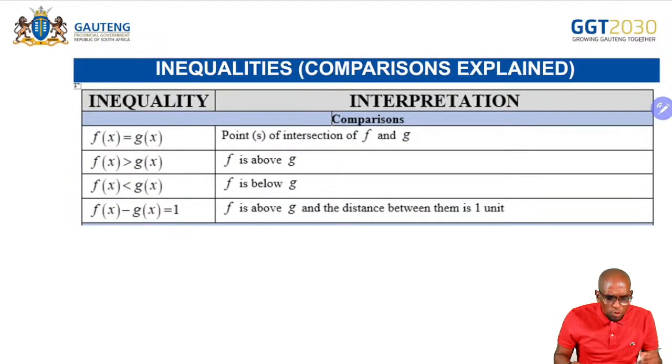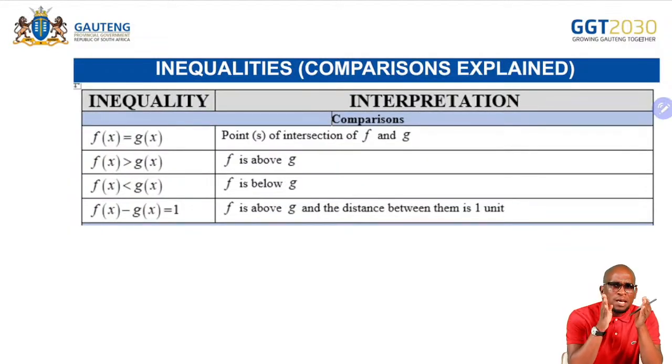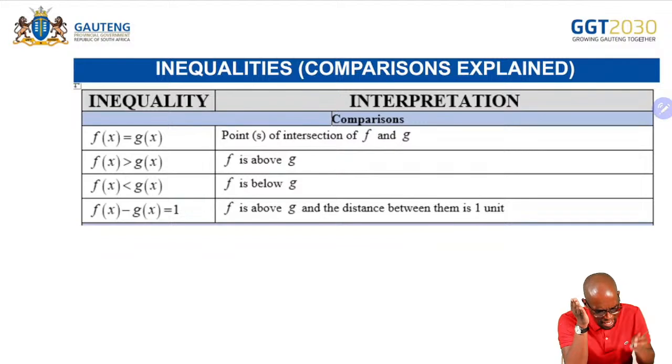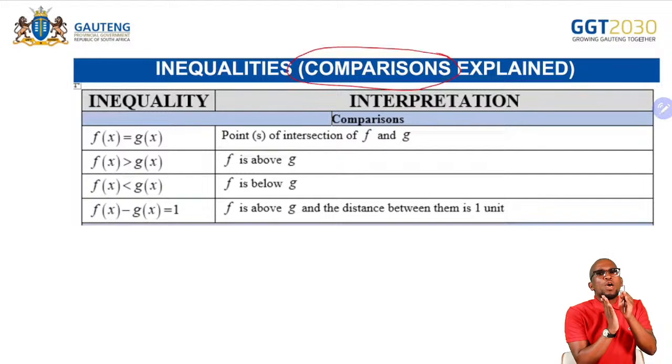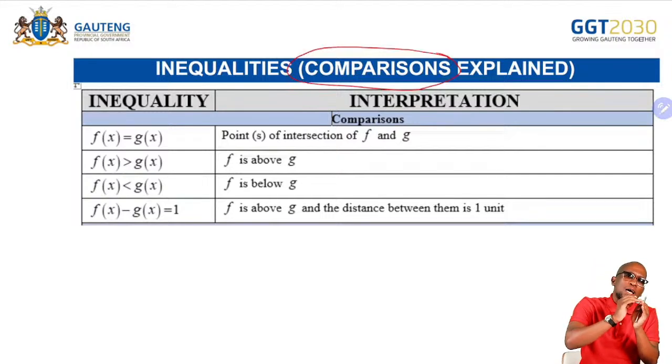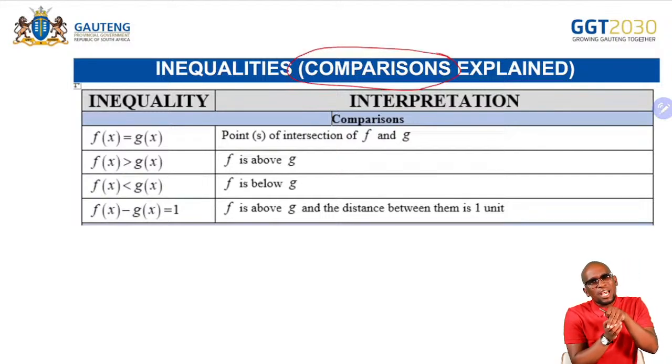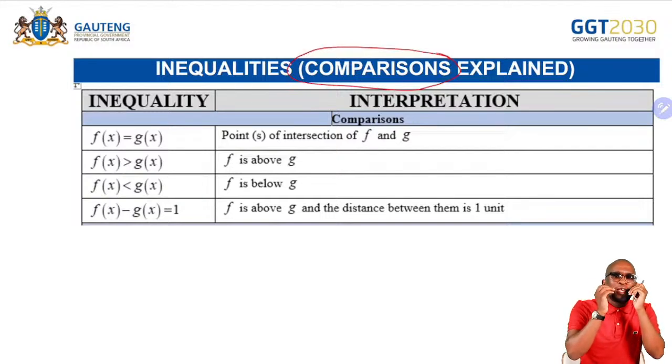But now you are looking at two functions sketched on the same set of axes and you want to compare them. You want to see where one is above the other and where one is below the other, or where they are at the same position. So you want to compare their positions: at the same position, one above, one below.